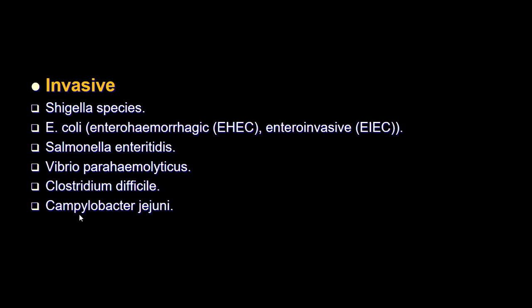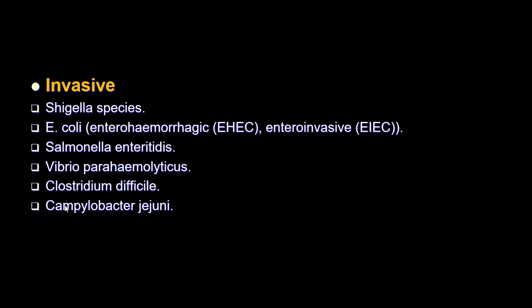And the others also here, like Campylobacter jejuni, can be associated also with an invasive type of diarrhea.